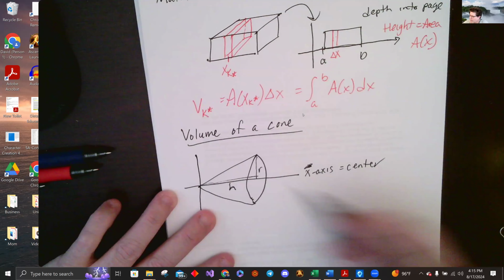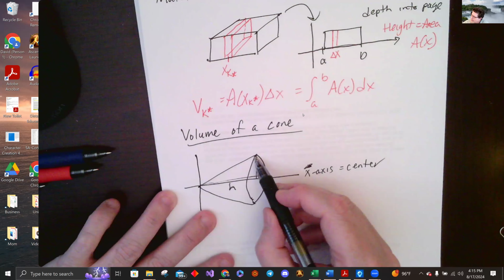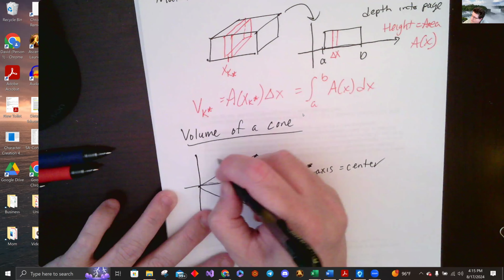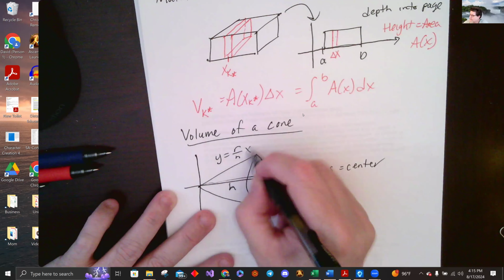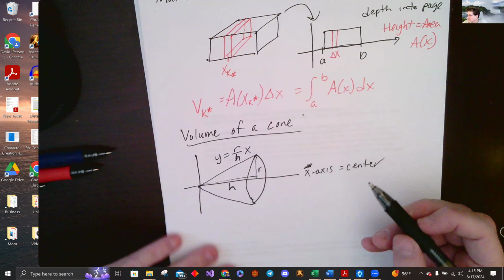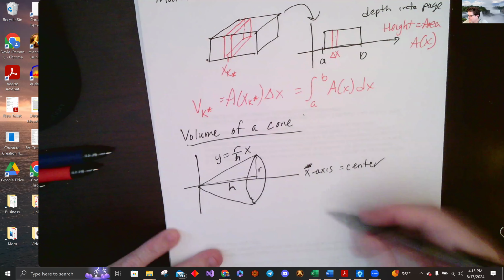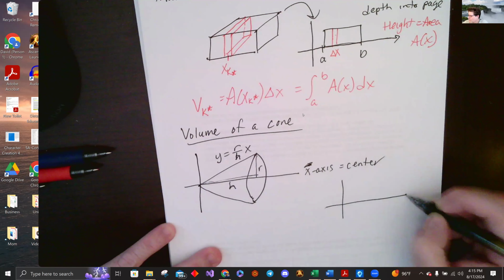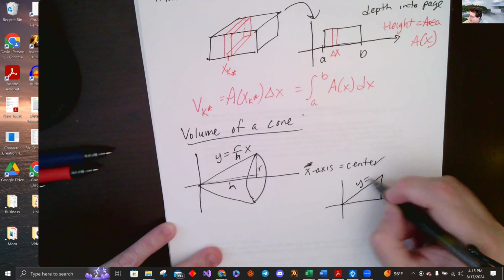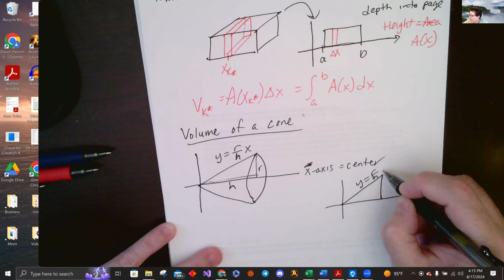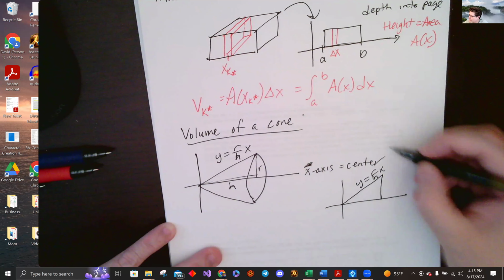If I wanted to do this line right here, this is y equals r over h x. So I can generate this cone by making that rectangle right there, with this as y equals r over h x, and rotating it around the x-axis.